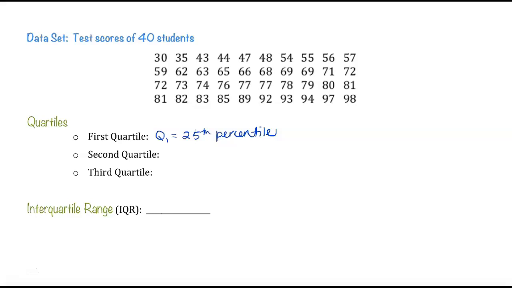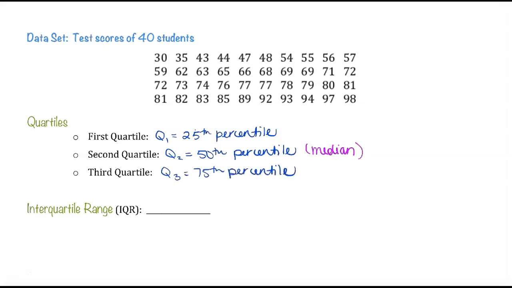The second quartile, denoted Q2, is equal to the 50th percentile. This separates the first 50% of the data from the second 50% of the data. This is also precisely the same thing as the median. The third quartile, often denoted as Q3, is equal to the 75th percentile. And this value separates the lower 75% of all of the data from the upper 25% of the data.